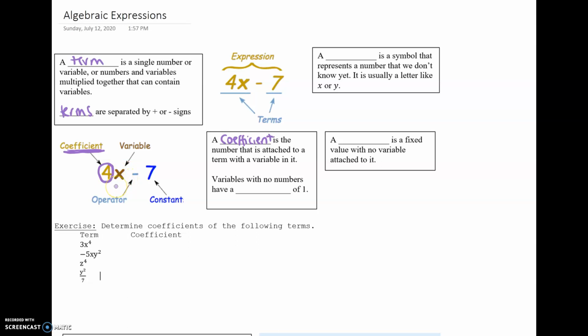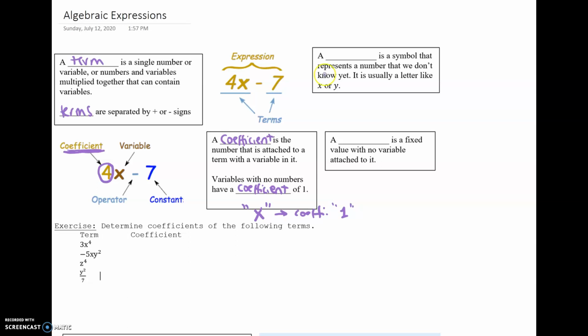Variables with no numbers are going to have a coefficient of 1. So whenever you have, say, x just by itself, then the coefficient is going to be 1. I like to think of that 1 as being almost like an imaginary friend. We know it's there, we just can't see it.